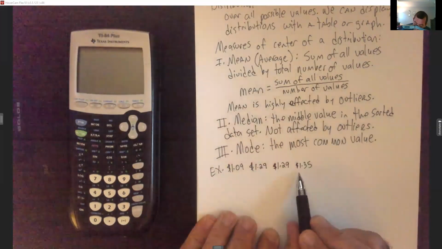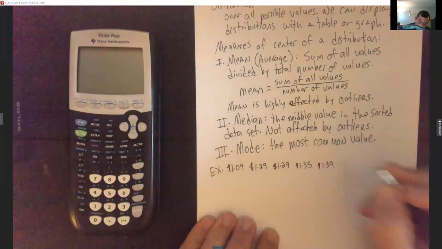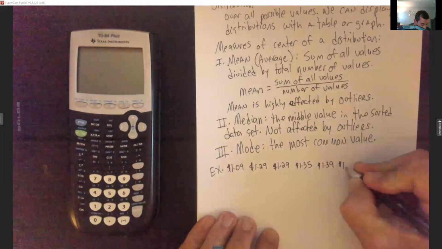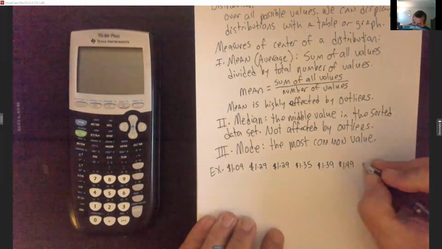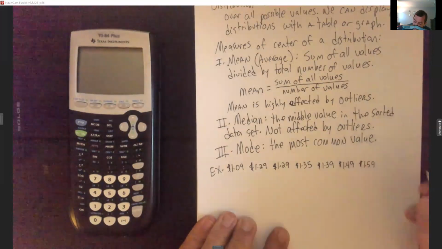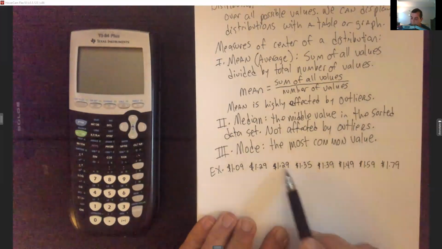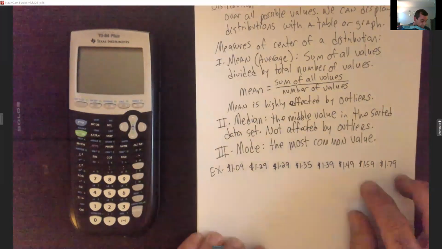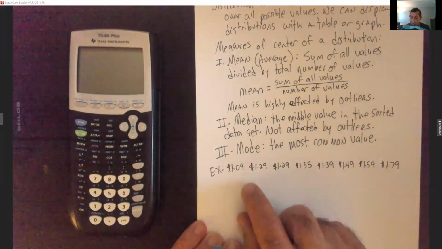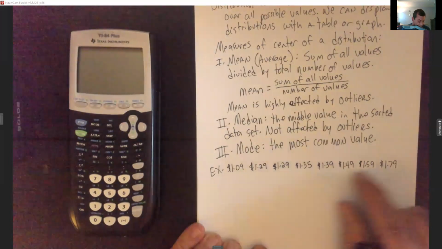What's next? $1.39, $1.49, $1.59, and finally $1.79. So let's see, 1, 2, 3, 4, 5, 6, 7, 8. I got my 8 stores that are selling this PR Energy Bar. So what I'm going to do is find the mean, median, and mode for these 8 prices, okay?